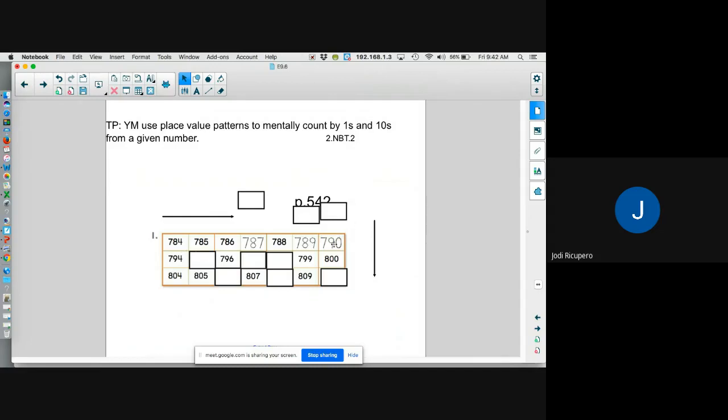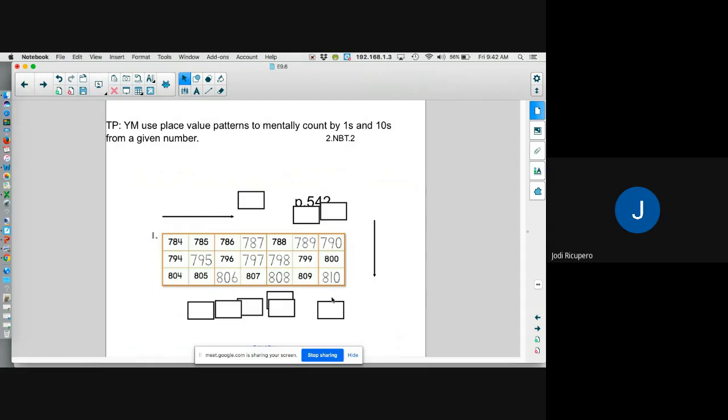Then it skipped from 790 to 794. So we had 794, and then it went to 795, 96, 97, 98, 99, 800, and then it skipped to 804, 805, 806, 807, 808, 809, 810.